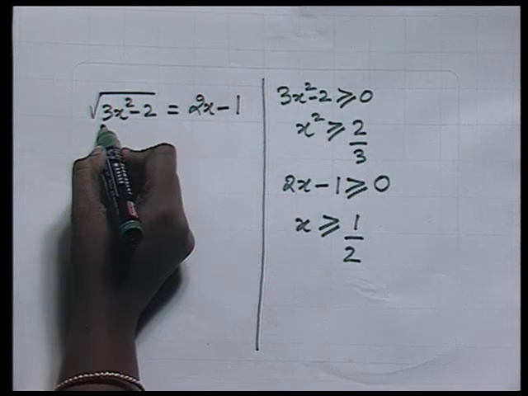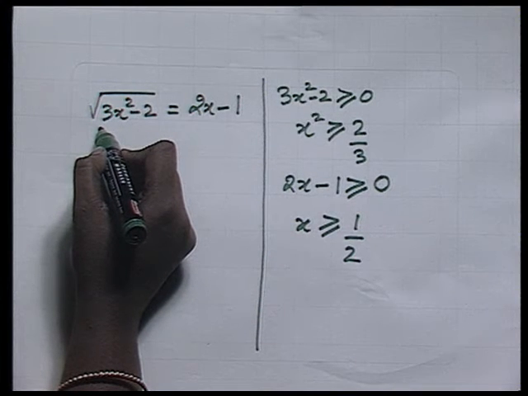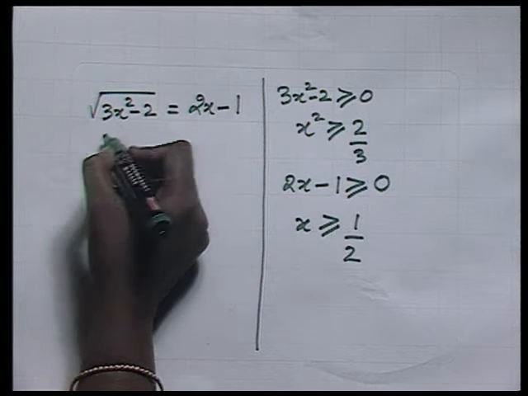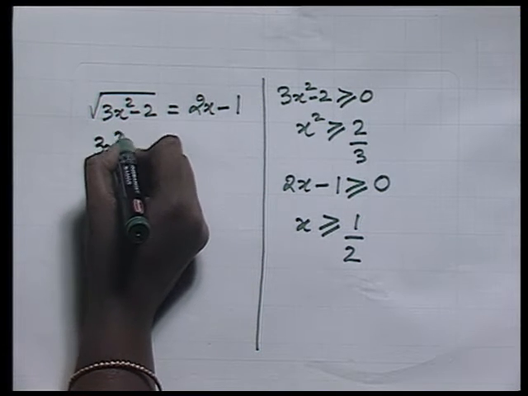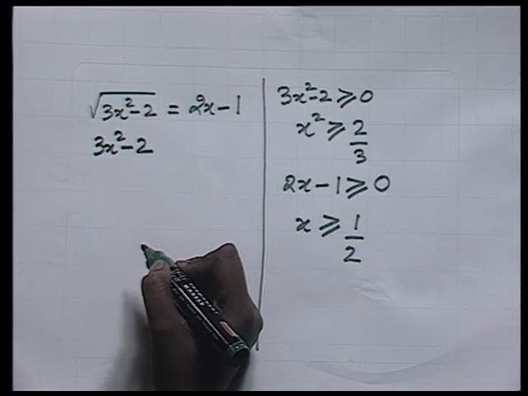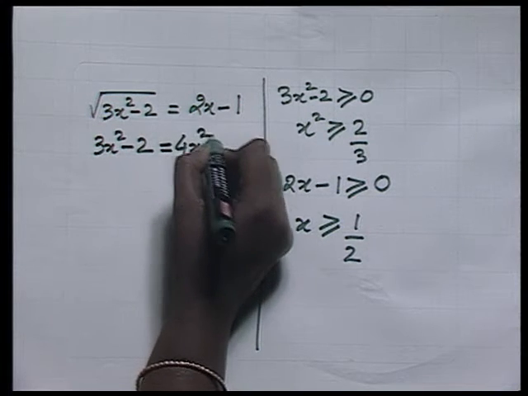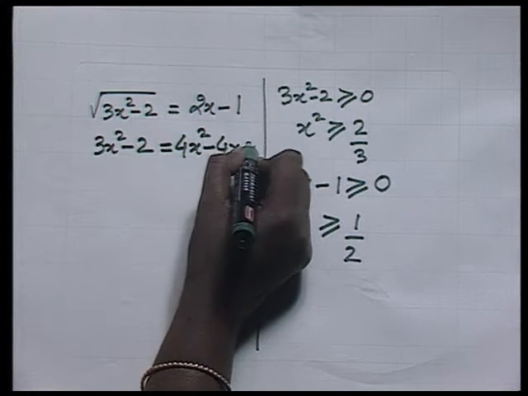Now how do we remove this radical sign? Let us square both sides of this equation. What do we get? On the left hand side we get 3x square minus 2 on squaring, and the right hand side of the equation becomes 4x square minus 4x plus 1.